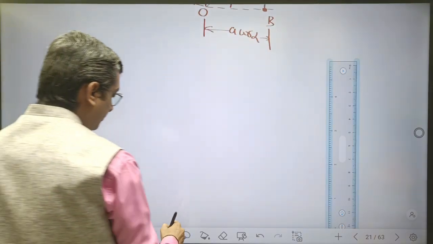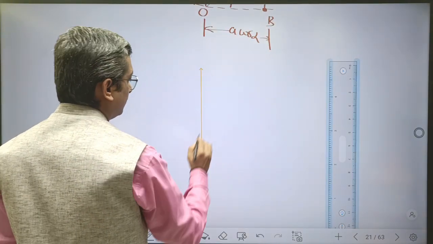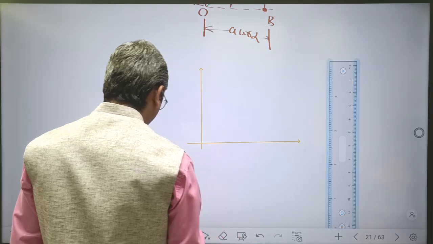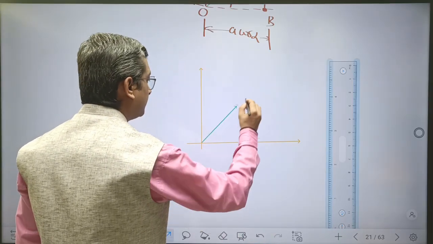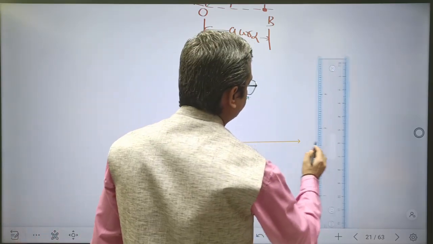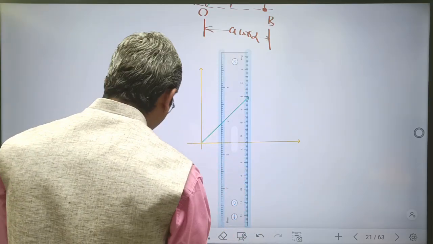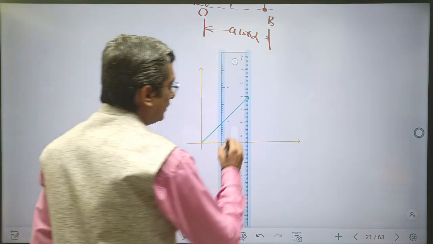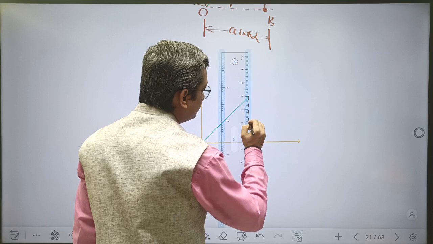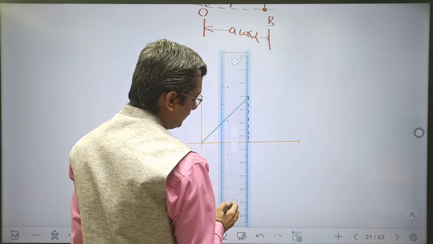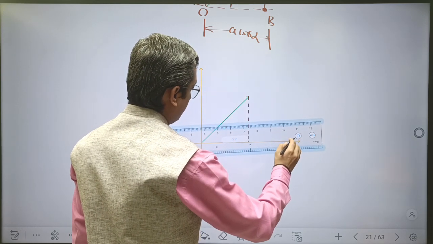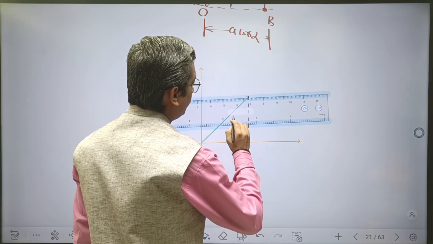Suppose I plot a graph, and I take a vector here in this way. How can you take the component? Observe the steps very carefully. Drop a perpendicular in this way and drop a perpendicular here.